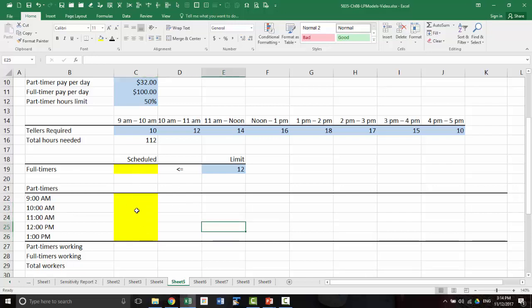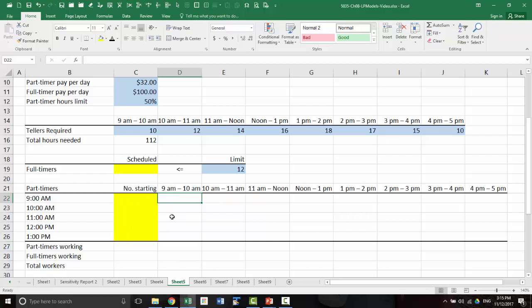With these number of tellers scheduled to start at various times, we have to figure out how many of them will be available in each of these time slots. So this will be the number of tellers starting at each of these time periods. Now we have each hourly time slot that corresponds with the requirement that we have set up.